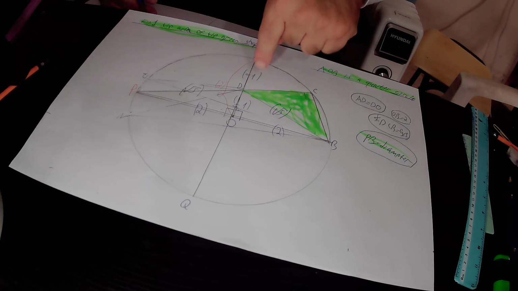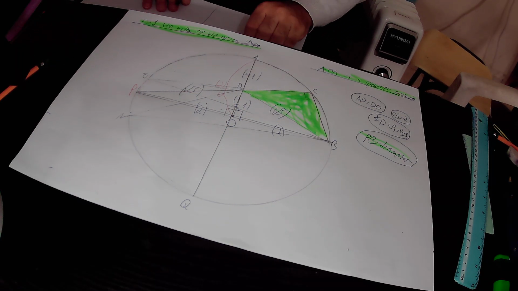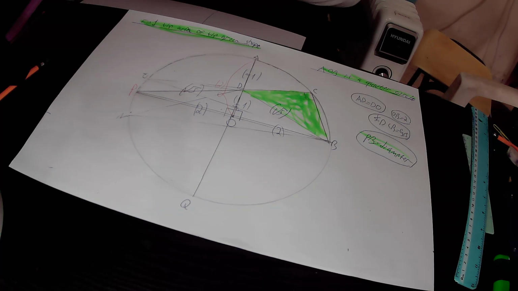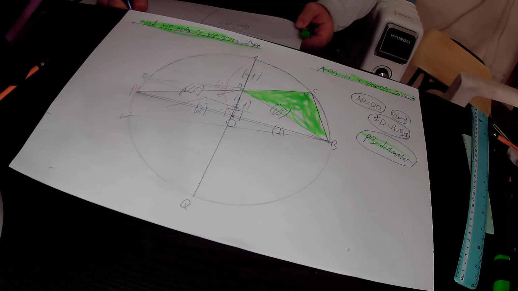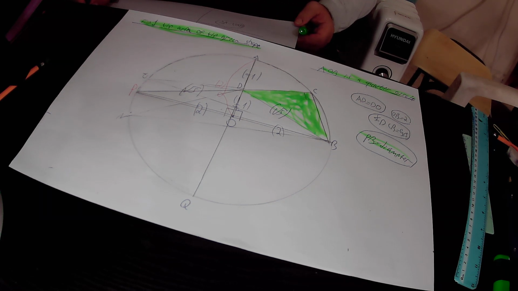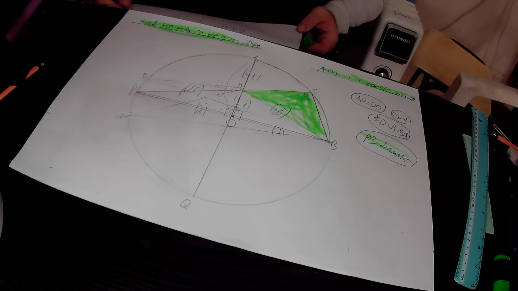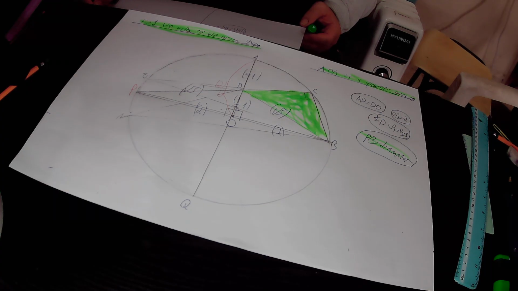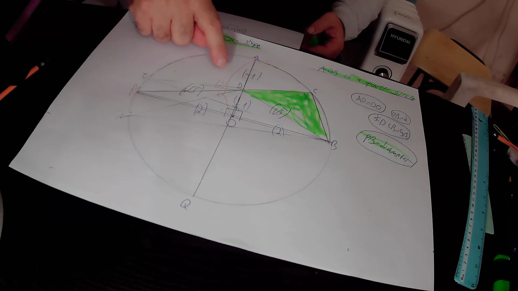Because this is chord AQ, which intersects with this chord CP at point D. The intersection point between chord AQ and chord CP occurs at point D.